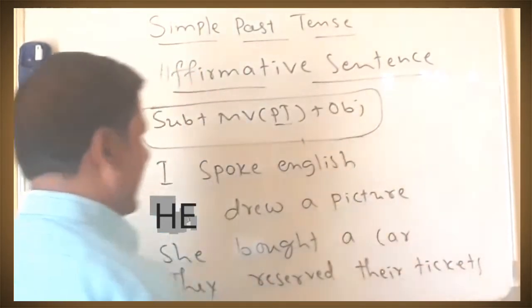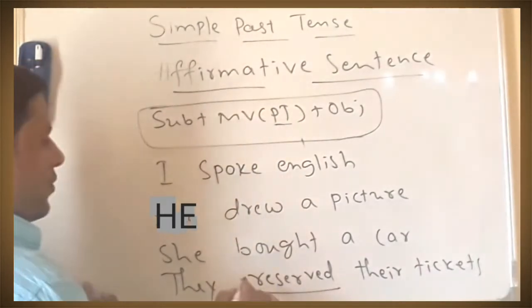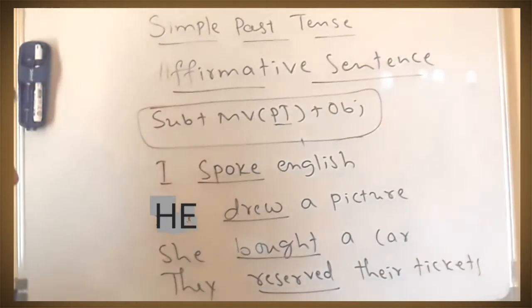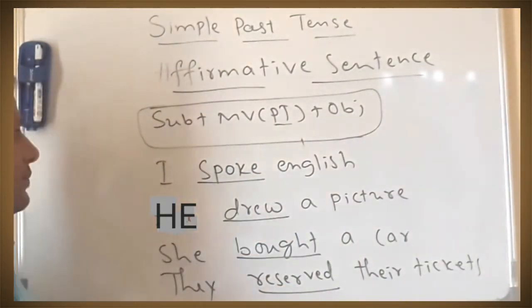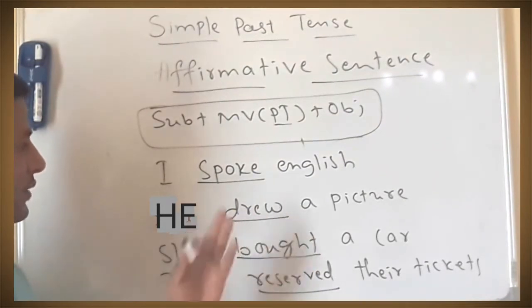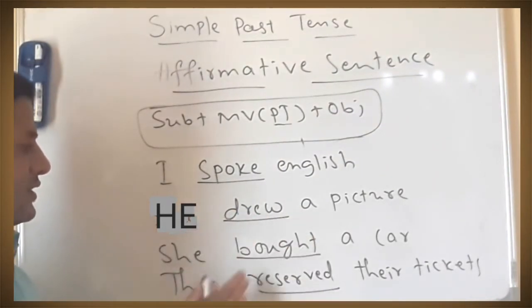So this is called the PT form, where the verb takes its second form. Speak, spoke. Draw, drew. Buy, bought. Reserve, reserved.